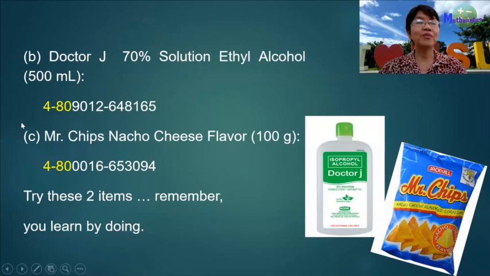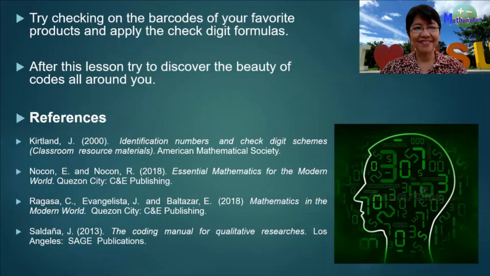You will do that with the next product, Mr. Chip's Nacho Cheese Flavor, 100 grams. Try these 2 items and remember, you learn by doing. Try checking on the barcodes of your favorite products and apply the check digit formula for your practice.